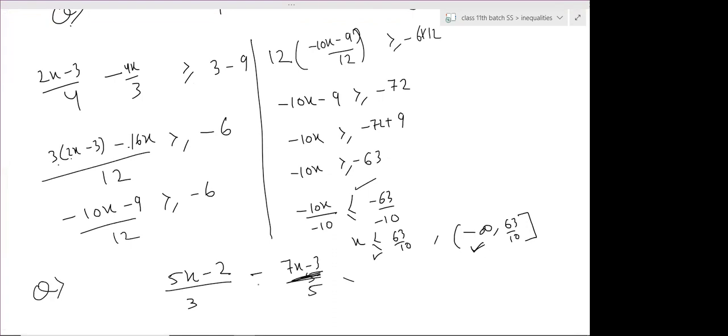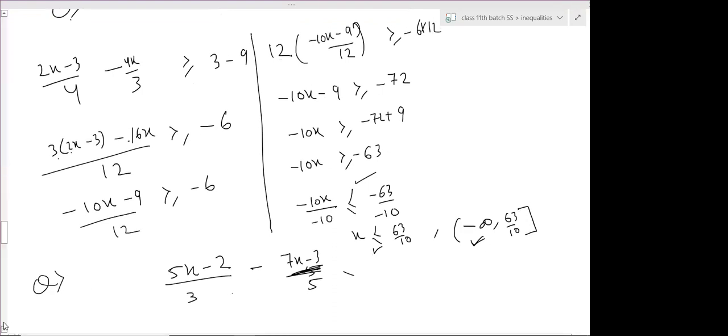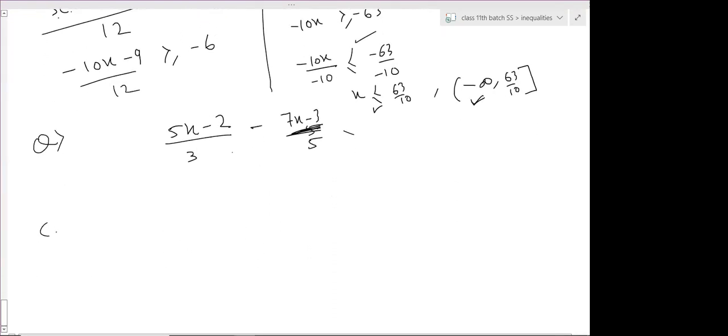Give me a moment, notepad is hanging. 5x minus 2 upon 3 minus 7x minus 3 upon 5 is greater than x by 4. All right, try to solve this one.